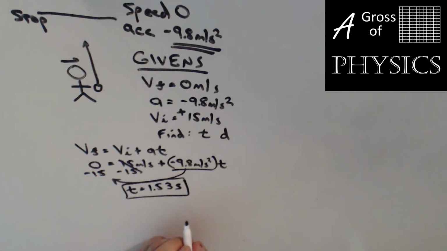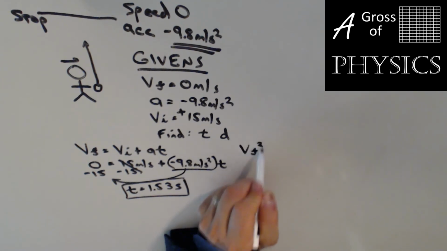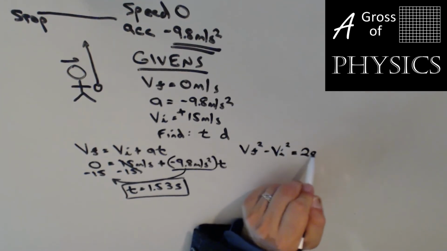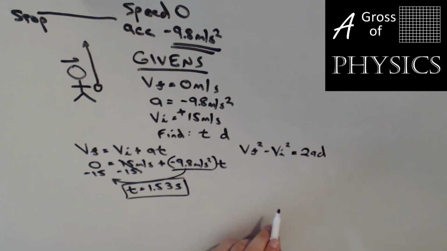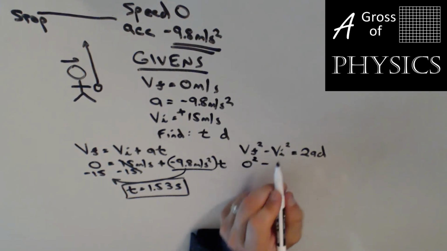As far as how high will it be at the top of the flight, I'm going to look at equation 5. VF squared minus VI squared equals 2AD. VF is 0. I'm just going to leave it as a 0 squared.